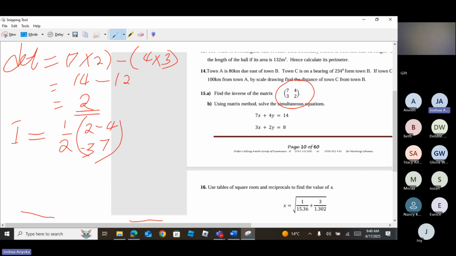But we don't stop at this level. If the question says find the inverse, you must evaluate and give your answer as 1, -2, -1.5, and 3.5.